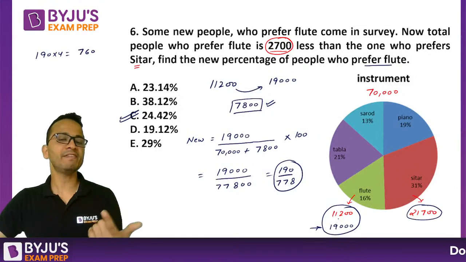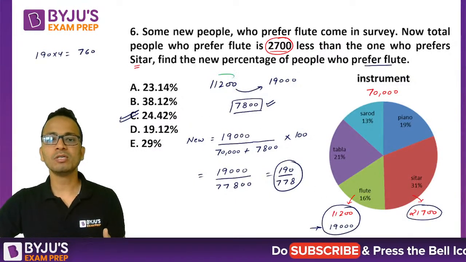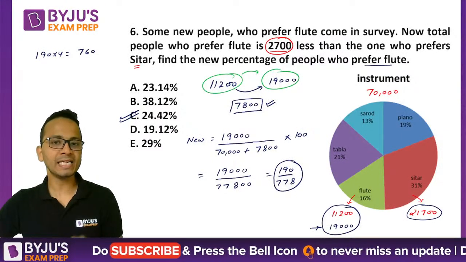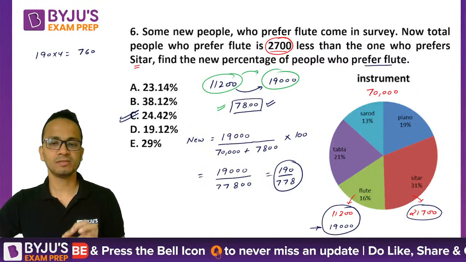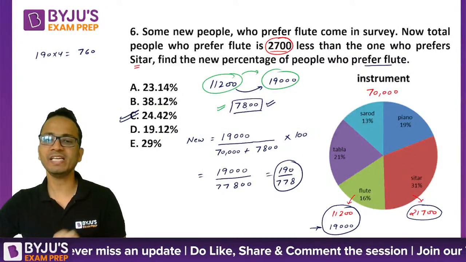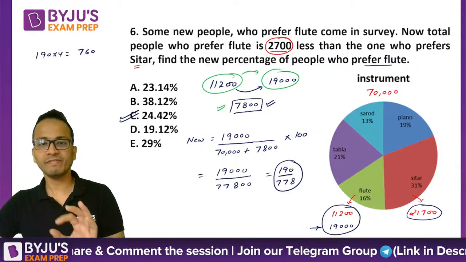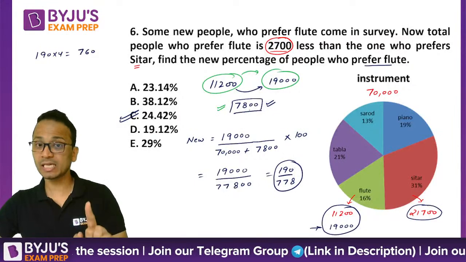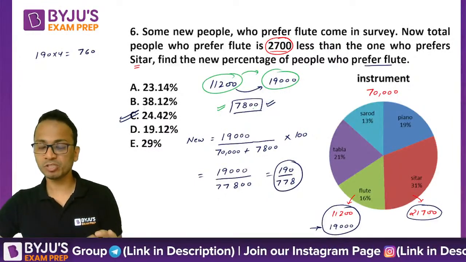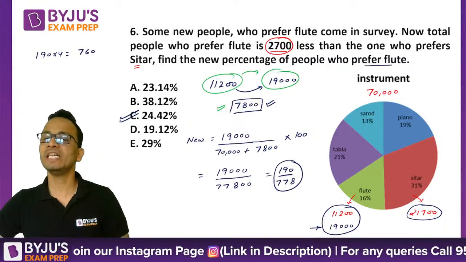So originally 11,200 people used to like flute. Now 19,000 people like flute. So that has added to the number of people in the total survey. So how many people increased? 7,800 people increased. Okay, fine. Prasad, what did you do with 7,800? You calculated 11%, but that was of the original base 70,000.